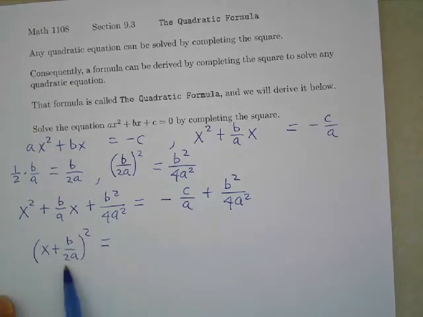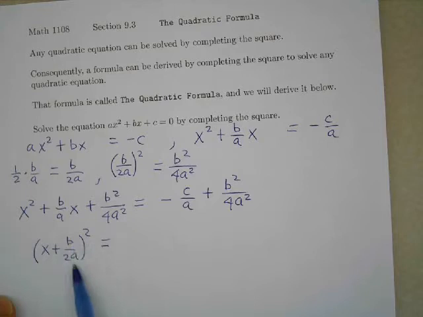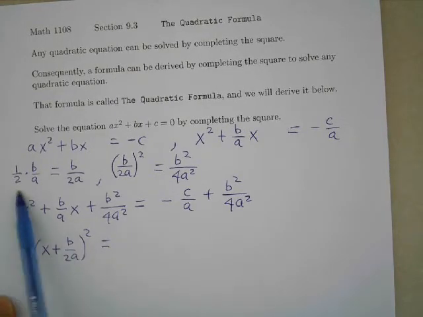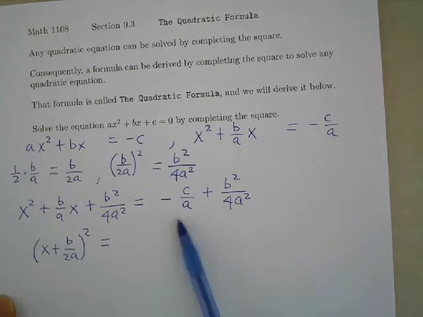Remember that when you factor the perfect square trinomial, the number in the binomial, plus b over 2a, is the same number we got when we took 1/2 of b over a. So that's a useful fact to remember. On the right-hand side, in order to add the fractions, we have to have a common denominator.